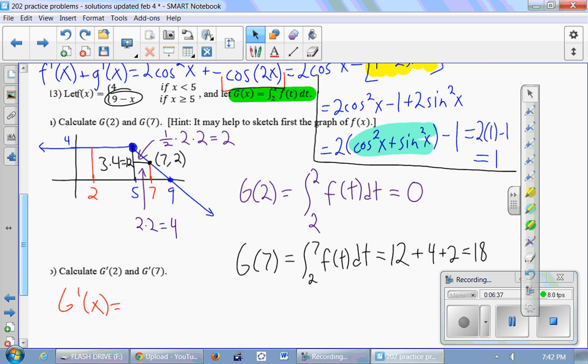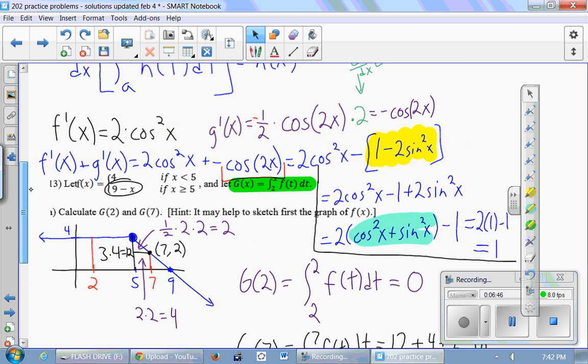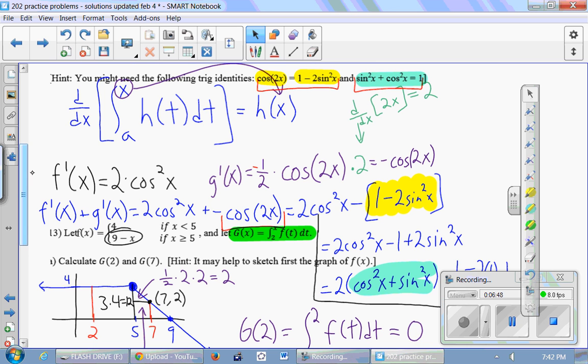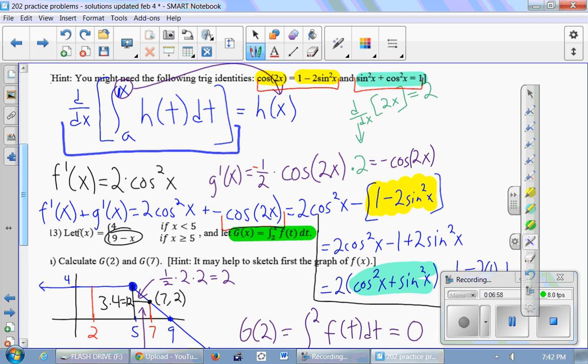But the derivative of that function happens to have a very particular form, and that particular form is quite friendly when it comes to using the fundamental theorem of calculus. So I'm going to scroll up here to this thing in blue from a previous problem. And so let's look at it. So it says if you take the derivative of this very particular kind of thing, integral from some number up to a variable x of some function, just h in this case, then you don't have to do any derivatives or antiderivatives.